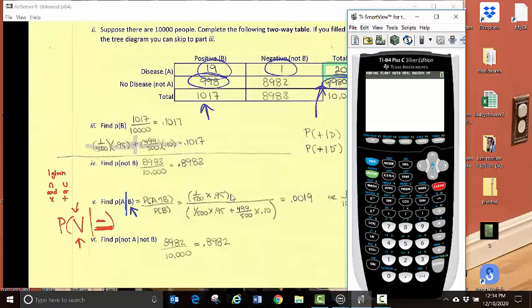And this is how you put it in your calculator. I would do the numerator and then divide the denominator, but if you do it, 1 divided by 500 times 0.95, divided by 1 divided by 500 times 0.95, or you don't have the disease, but you still got a positive test.